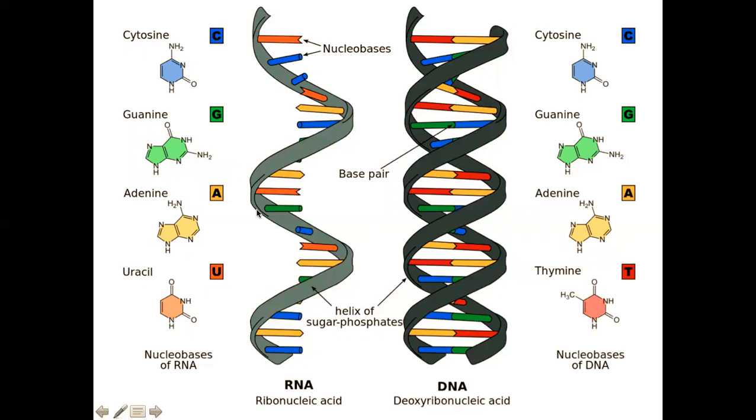Two strands, 1 strand, and these are the nitrogenous bases, and the difference is uracil. C bonds with G and A bonds with T. So you see here, T, A, by color coding, or in this one, G, C.